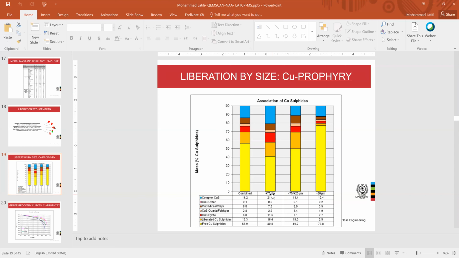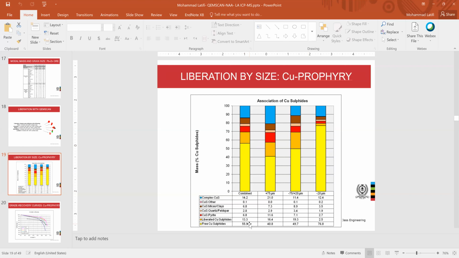This graph shows you that by having different size distributions, you can see that composition and structure of the ore particles is very different, not only from each other, but also from their mixture before sieving.